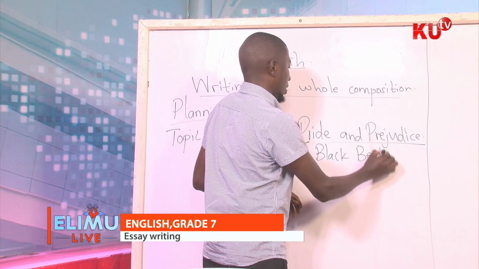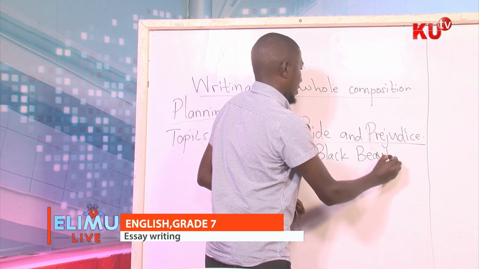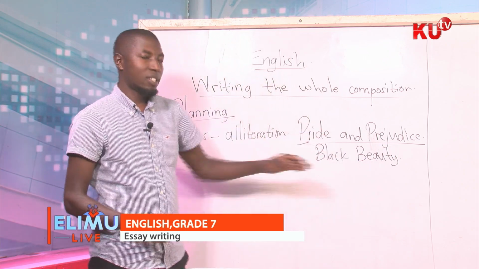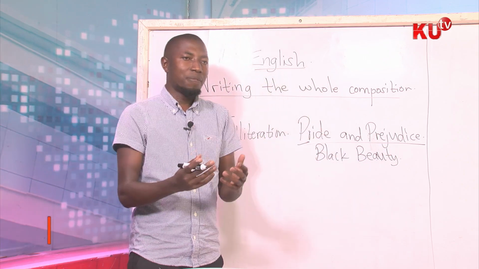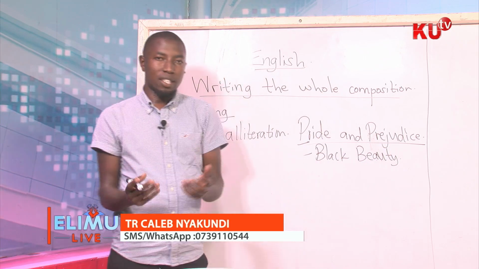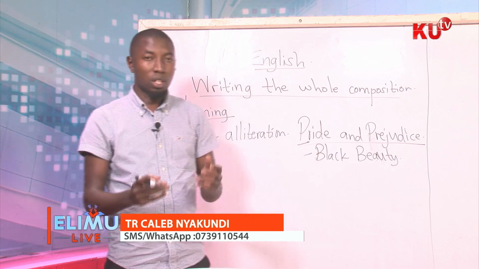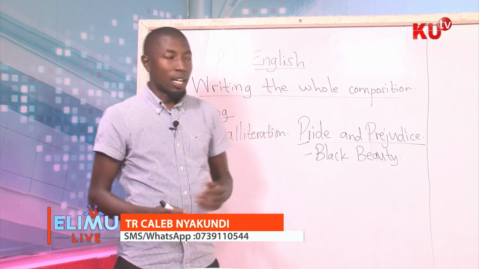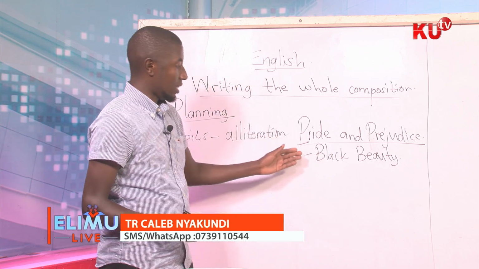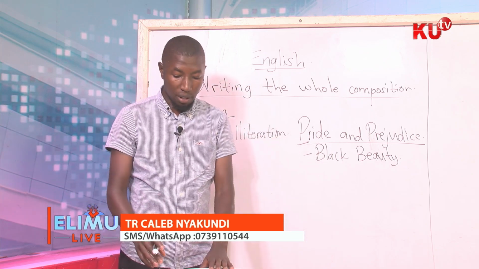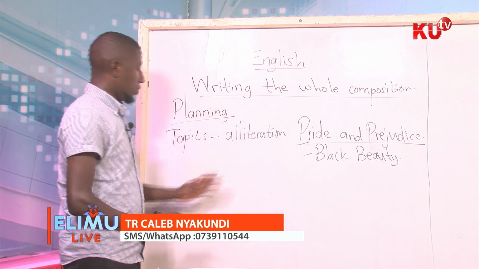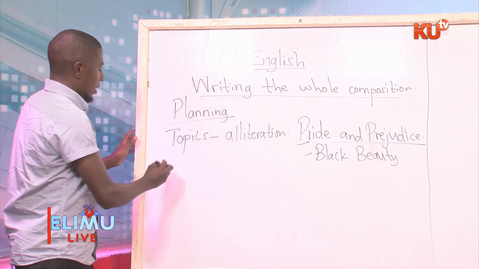Black Beauty also has alliteration. Alliteration makes topics have a very good effect and create a very nice impression, especially with your reader. And if you are going to use alliteration in developing your topics, you're going to find out that your topics will be really good.